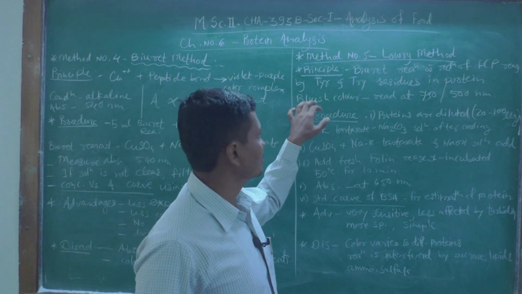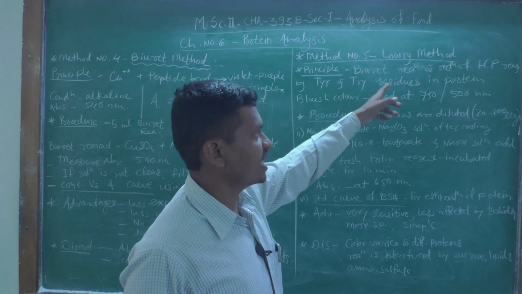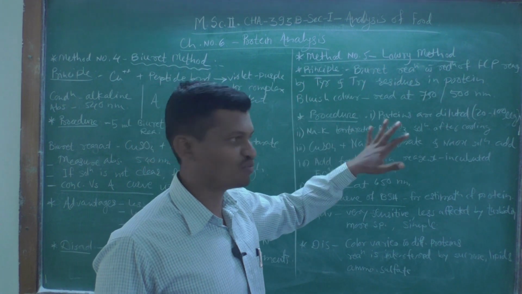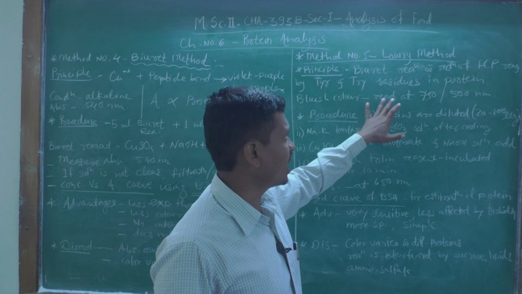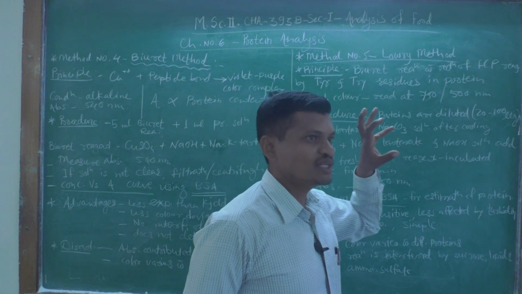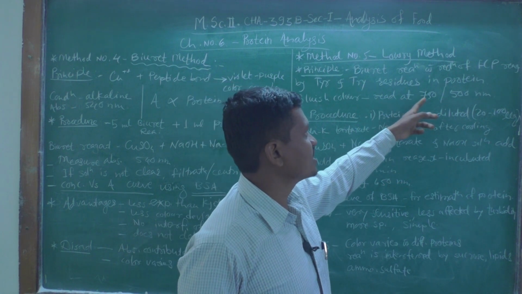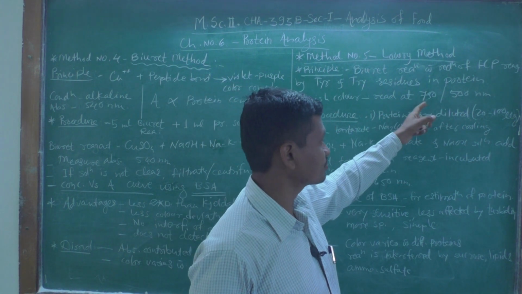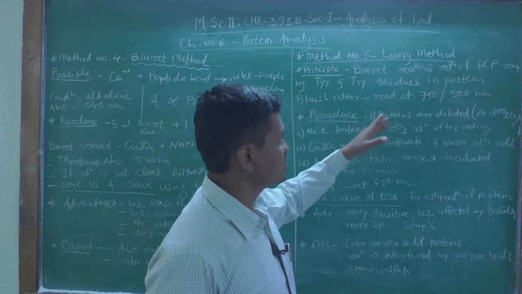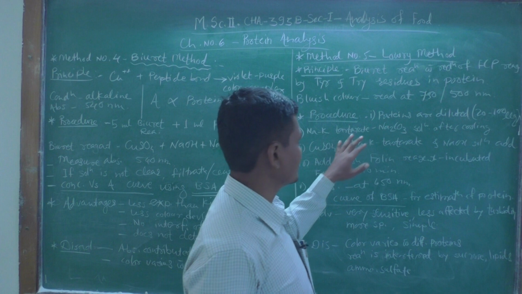The inference is that a bluish color is formed by the reaction with the protein present in the food sample. This bluish color formation is measured by absorbance spectroscopy at 750 nanometer or 550 nanometer. These are the lambda max. Then, what is the procedure? The procedure is like that.